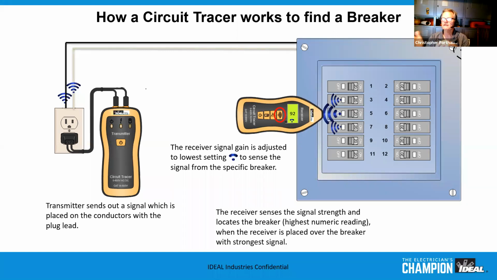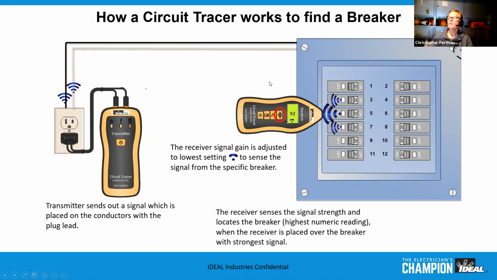So you take the receiver and leave it on the highest setting, which would be 4 bars above the dot. And you take it down in the basement with you, and you run this over each respective panel. Then the panel with the breaker in it is the one that's going to have the highest reading on it. In this particular case, it's going to be 90 something, most generally 80, whatever, but it's the highest reading out of those panels.